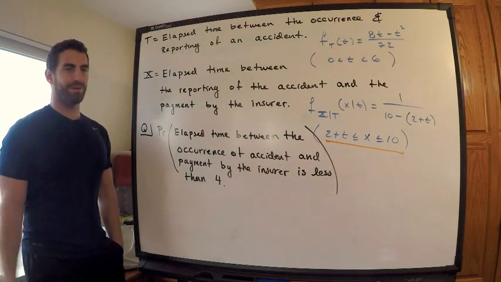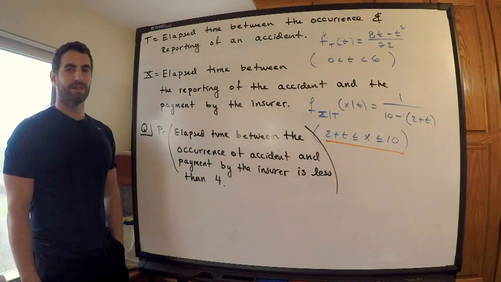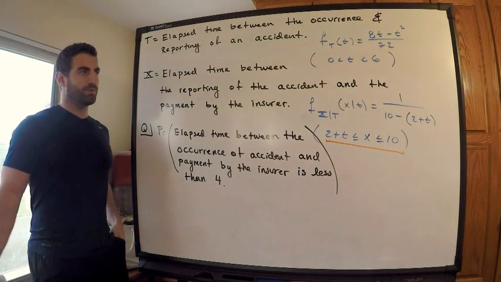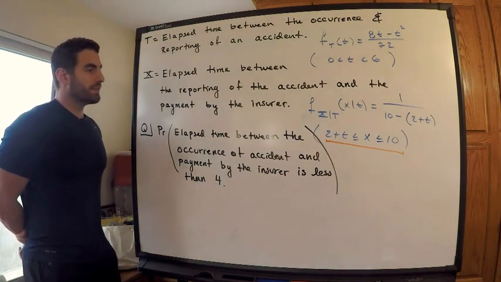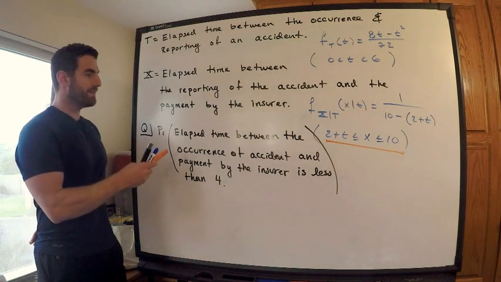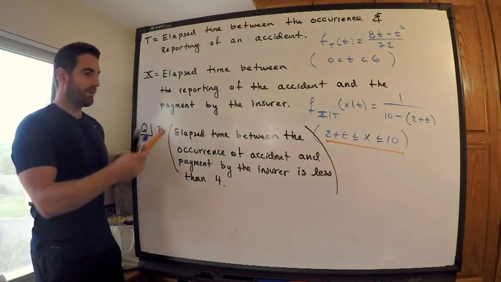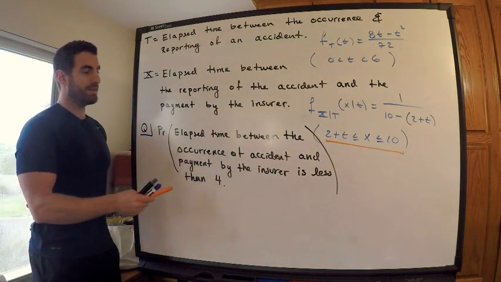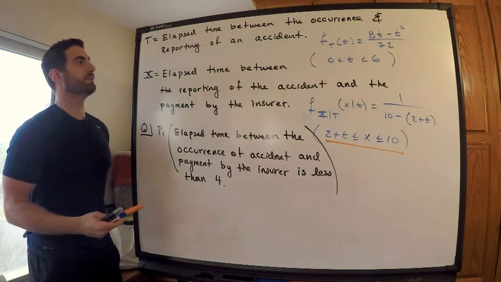Now this is what we're looking for. It looks like a nightmare right now, but I'll write it using symbols in a moment to more easily see what we need to compute. We're looking for the probability that the elapsed time between the occurrence of the accident and the payment by the insurer is less than 4.